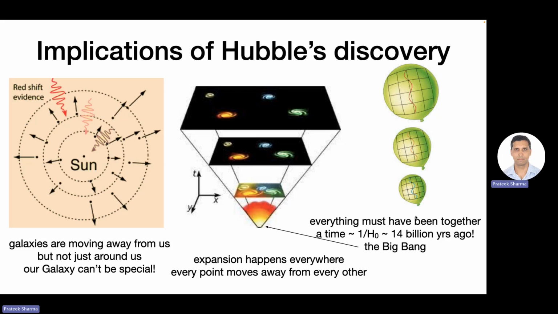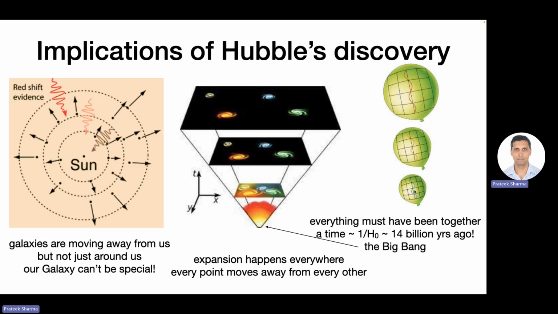Normally, when we do physics, we do steady models and so on. But surprise, surprise, our universe itself is not a steady state system. It had a beginning and perhaps an end. It will have an end. This is another way of interpreting Hubble's discovery: you take a balloon and inflate it, make it bigger.